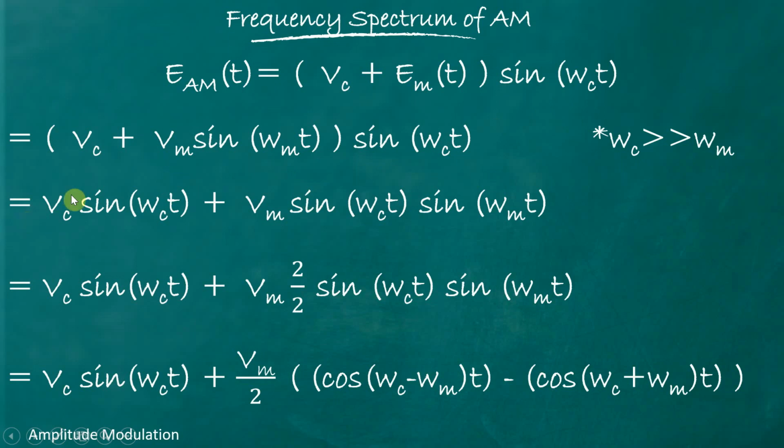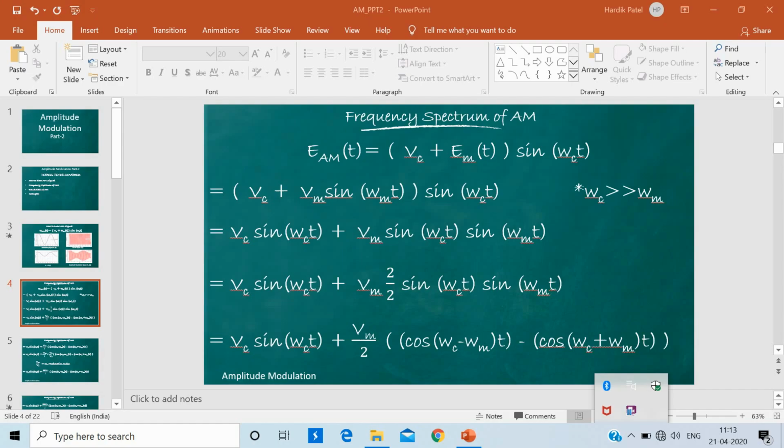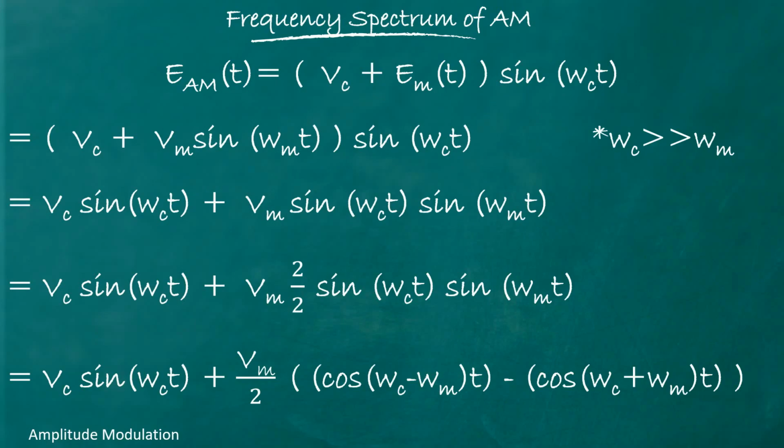Now when you multiply sine omega c t with this bracket term, you will get Vc sine omega c t plus Vm sine omega c t into sine omega m t.